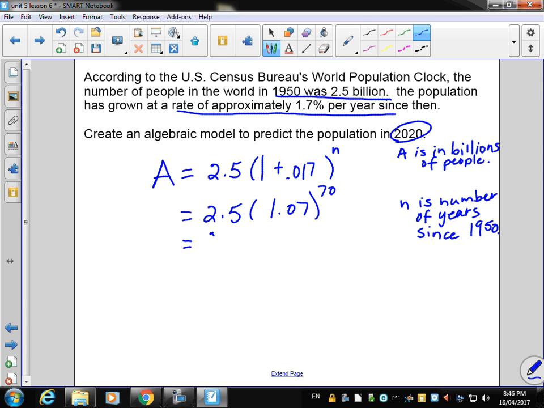So on my calculator, 2.5 times 1.017 to the power of 70. And want to venture a guess? Times 1.017 to the power of 70 equals 284.97 billion people.